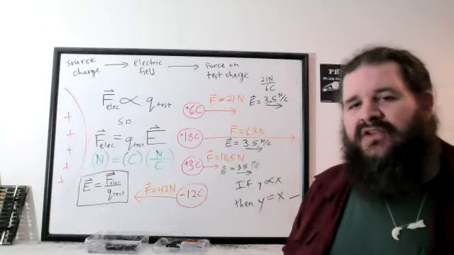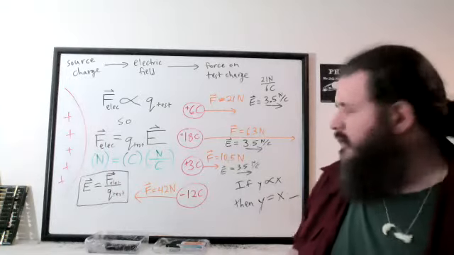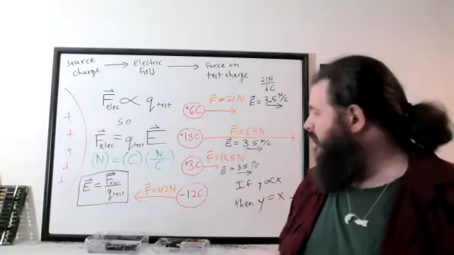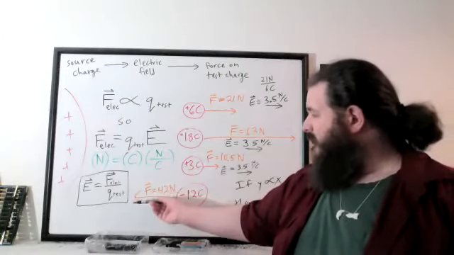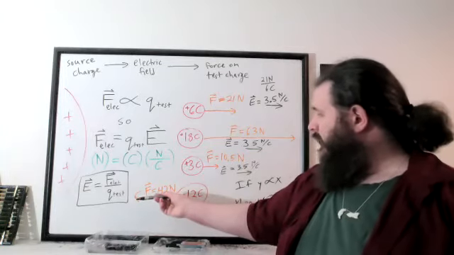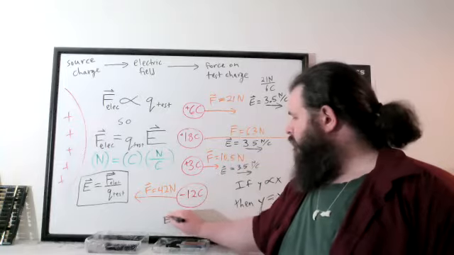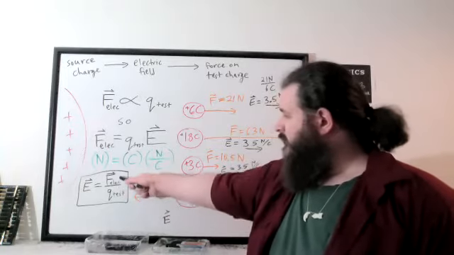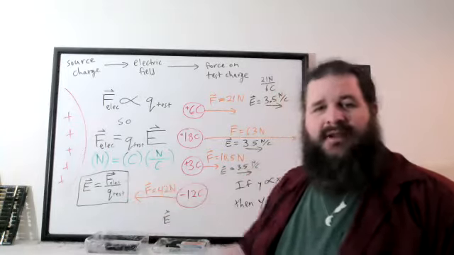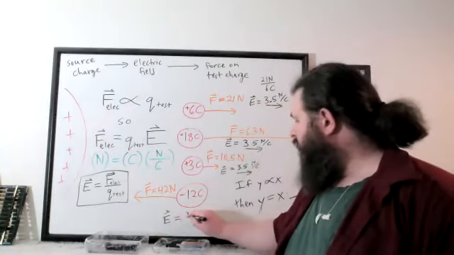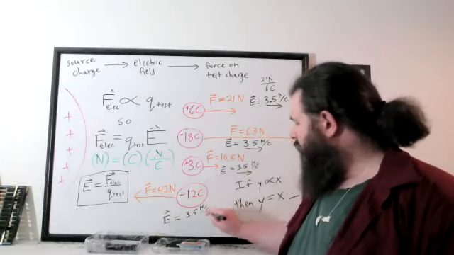Well, I wouldn't say it flips the sign. I would just say it flips the direction. The negative sign in the multiplier or divisor flips the direction of the result. So 42 newtons to the left divided by negative 12 is 3.5 newtons per coulomb to the right. So when we divide these, a vector to the left divided by a negative becomes a vector to the right. So the result is still 3.5 newtons per coulomb to the right.